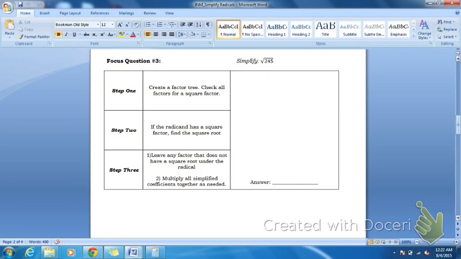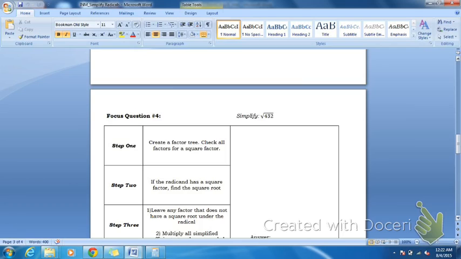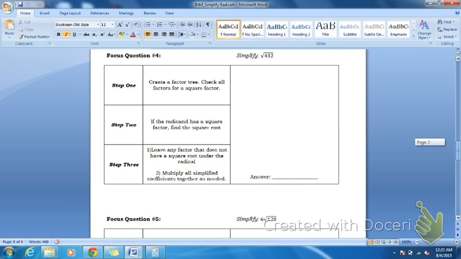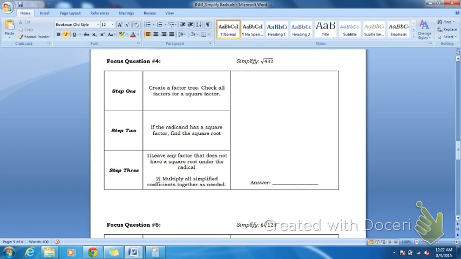Okay. For the next one, we're looking at the square root of 432.